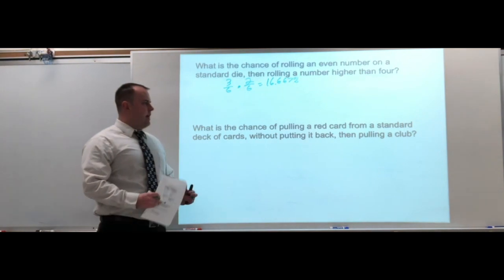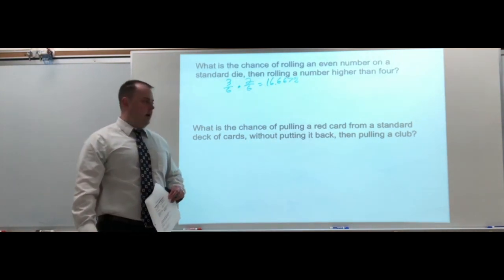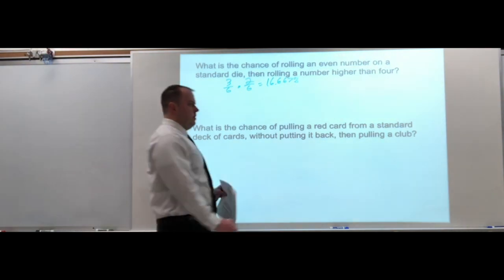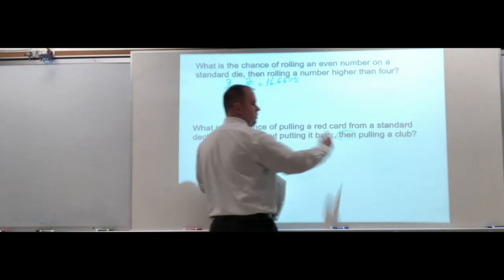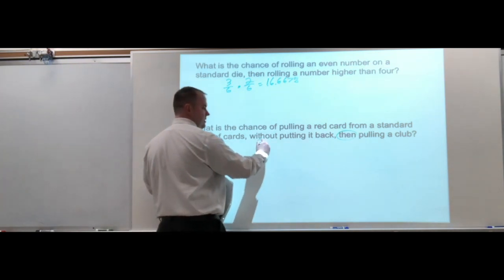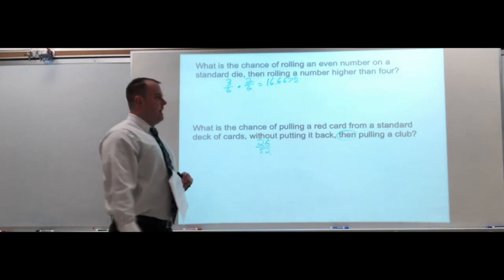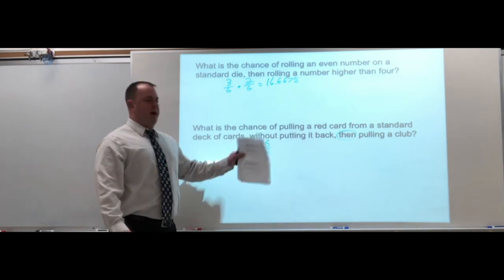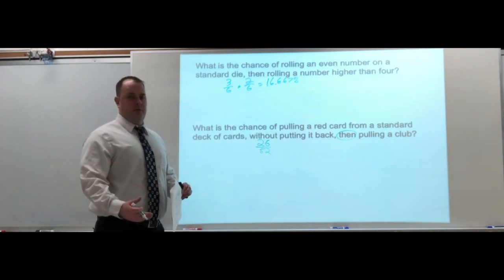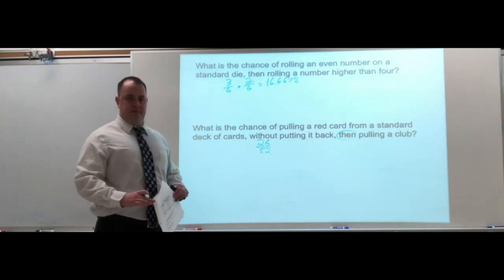What's the chance of pulling a red card from a standard deck without putting it back, then pulling a club? We have our keyword "then," 2 actions: pulling one card, then pulling another. A red card, there are 26 red cards in a deck out of 52. Now think about it, it says without putting it back. That's an extremely important part of this problem, because without putting it back, our total is no longer 52.